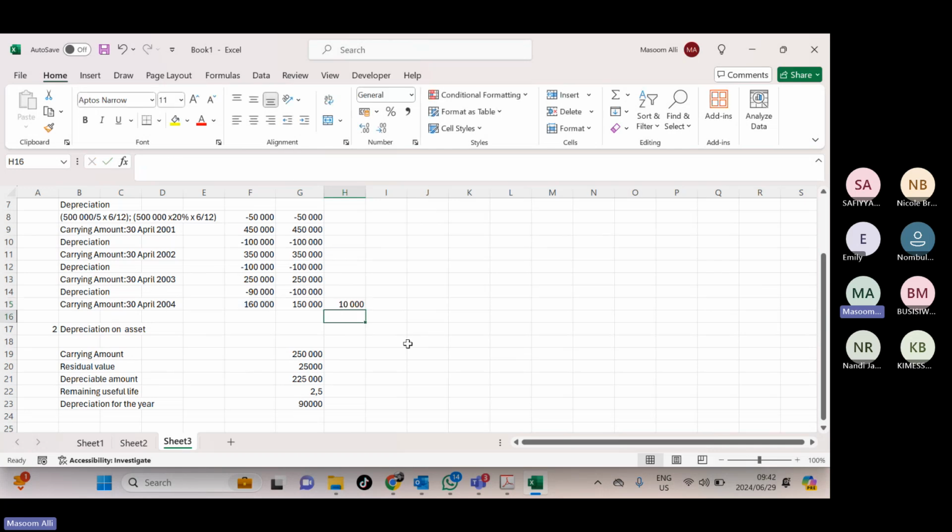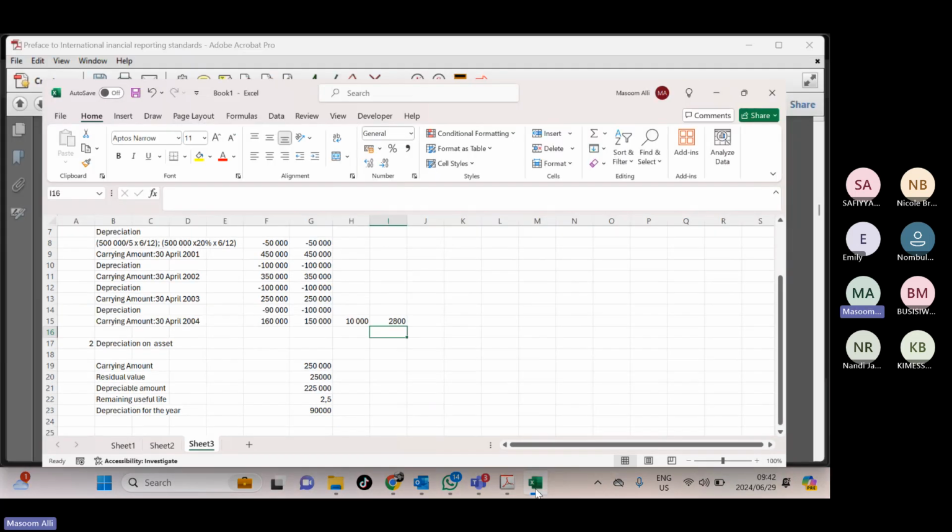And then what is our deferred tax percentage? I think it was 28%. So is equal to this times 0.28, which is 2,800, and that is the deferred tax liability, right?